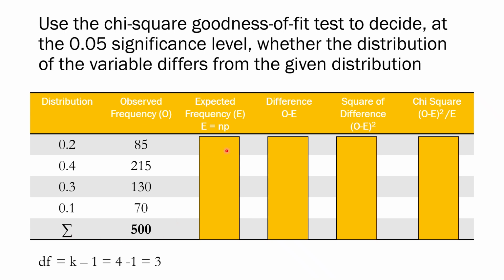And then to get your first expected frequency, we're going to take the distribution. This is a probability, 0.2, multiplied by 500 to give you your first expected frequency. You should try it now before I uncover this to see if you've done it right. 0.4 times 500 to get your expected frequency, and so on from there. So I'm going to uncover this one now.